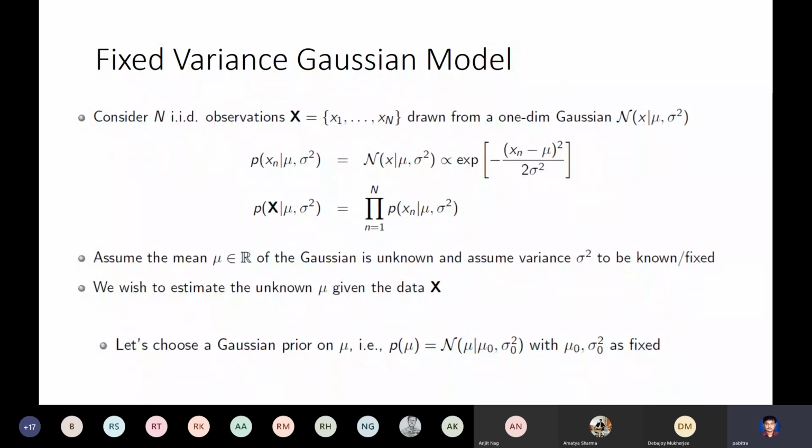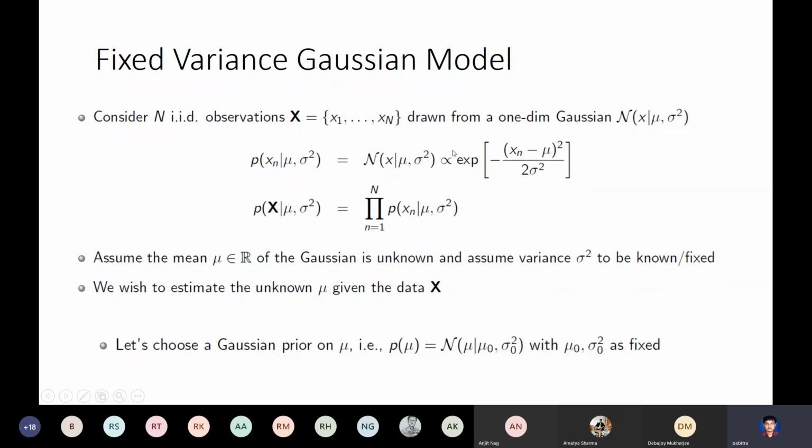So as you know, this basically means that the likelihood, the probability that a random sample xn takes some value given the value of mu and sigma square, is the normal distribution.